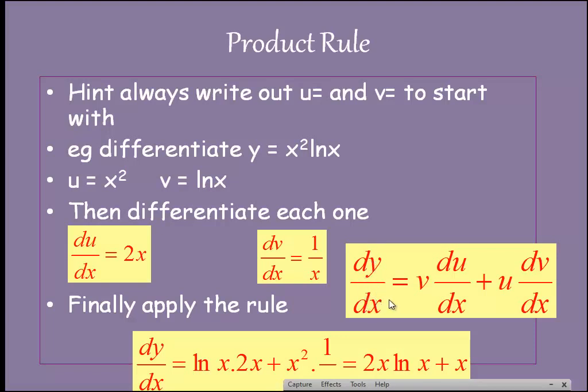We write dy dx equals v du dx plus u dv dx, and then put in all of the component parts. The v is the ln x, the du dx the 2x, plus the u, which is x squared, and then 1 over x here. Okay, and then if we simplify that out, x squared times 1 over x gives us x, doesn't it? So we get 2x ln x plus x.